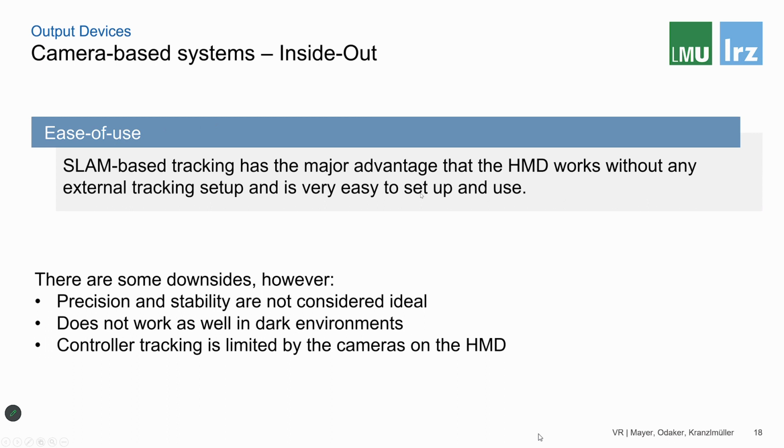Okay, so we have talked about inside-out tracking and that most modern head-mounted displays use these. There is one other tracking system that is still very common that has been around since 2016 when the original HTC Vive released, and that is what is called SteamVR tracking.